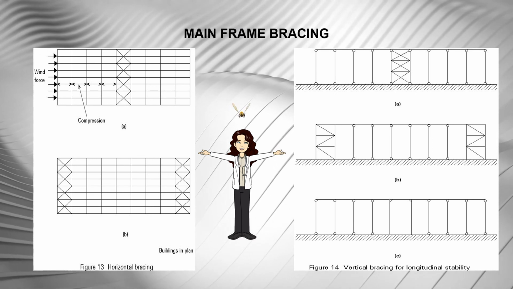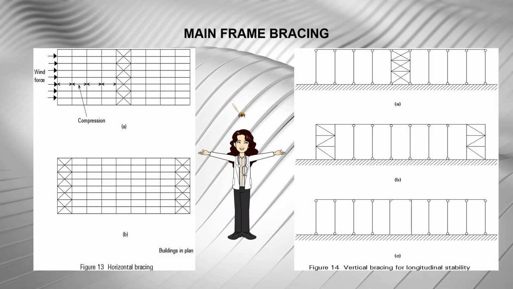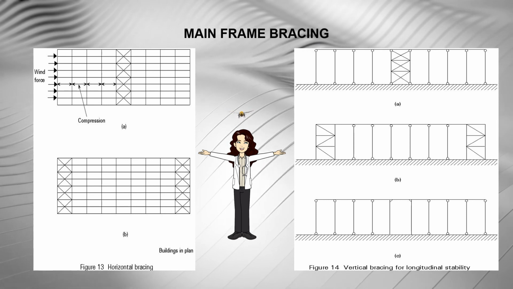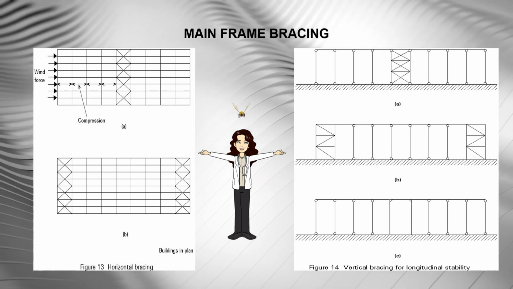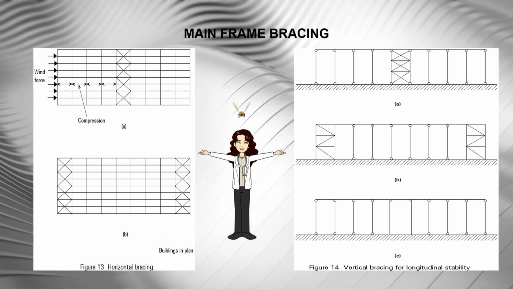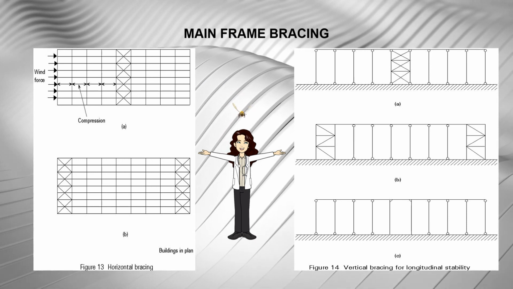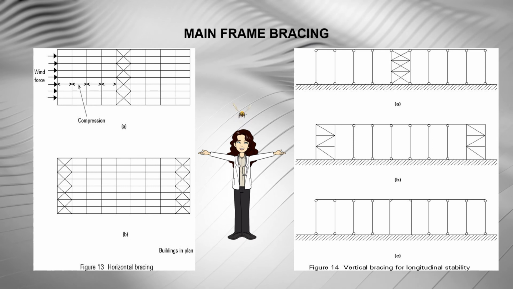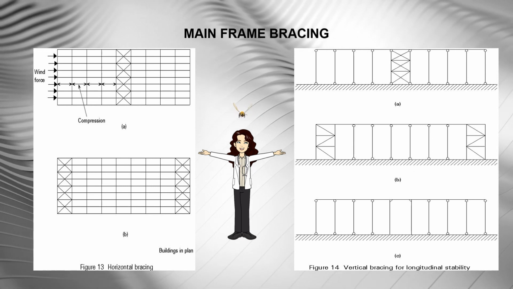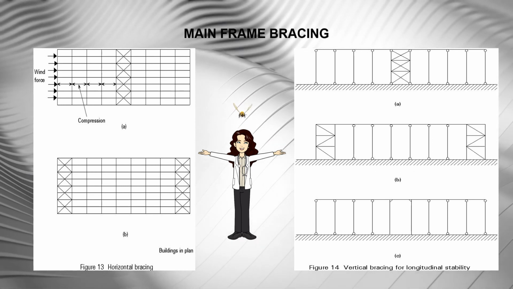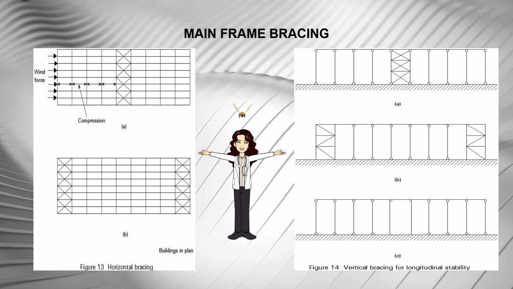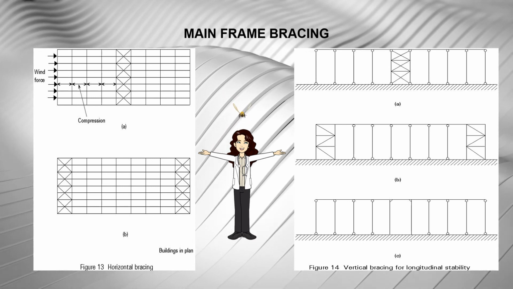Bracing, both horizontal and vertical, must be provided to transfer to the foundations the horizontal loads due to wind, possibly earthquake, and out-of-plane loads. It is possible to use the cladding and wall panels instead of braces for this purpose. The bracing can be single diagonal or cross members.